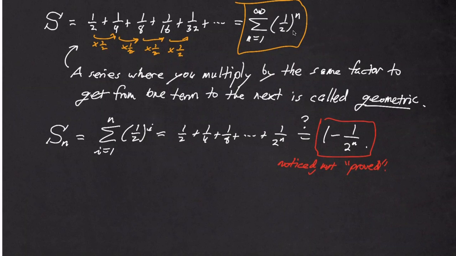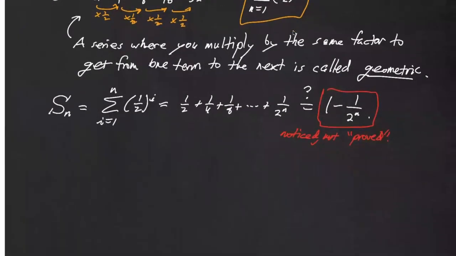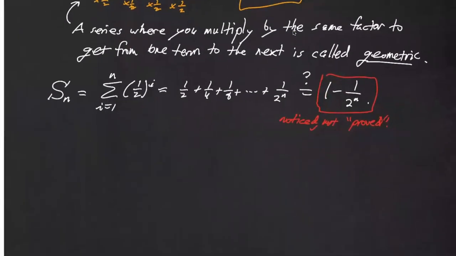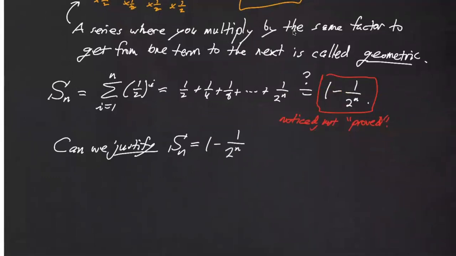So I want to see if there's a way, can we seriously justify that S_n equals 1 minus 1/2 to the n, always, meaning for all n?